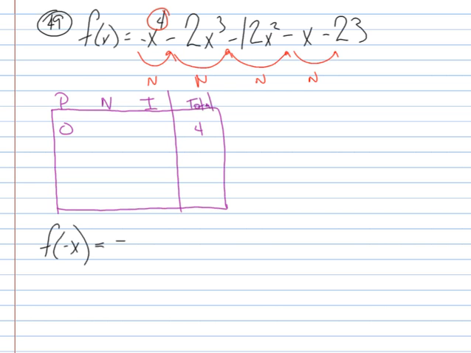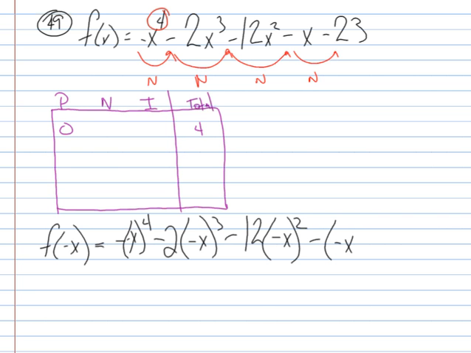So I'm going to put in here my negative x to the 4th minus 2 negative x to the 3rd minus 12 negative x squared minus negative x minus 23. So we need to simplify this a little bit.